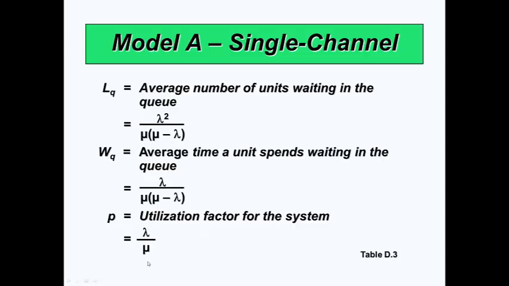You don't want this to be 20%, for example. If you have this as 20%, you know that you can reduce the number of servers, if it is a multi-channel system. But if it's a single channel system like this, you know that if it is a real service provider, a human being, you can make that person do multitasking.